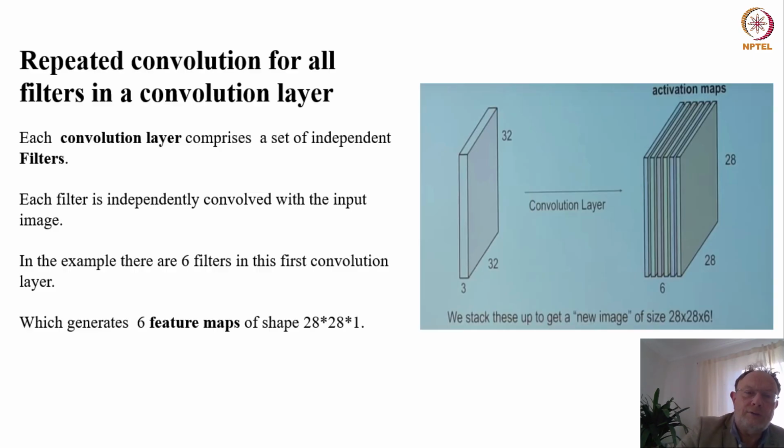As I already told you, in each convolution layer there may be many filters, which means there are many kinds of measurements you want to make in parallel on this input image, and these are handled separately.